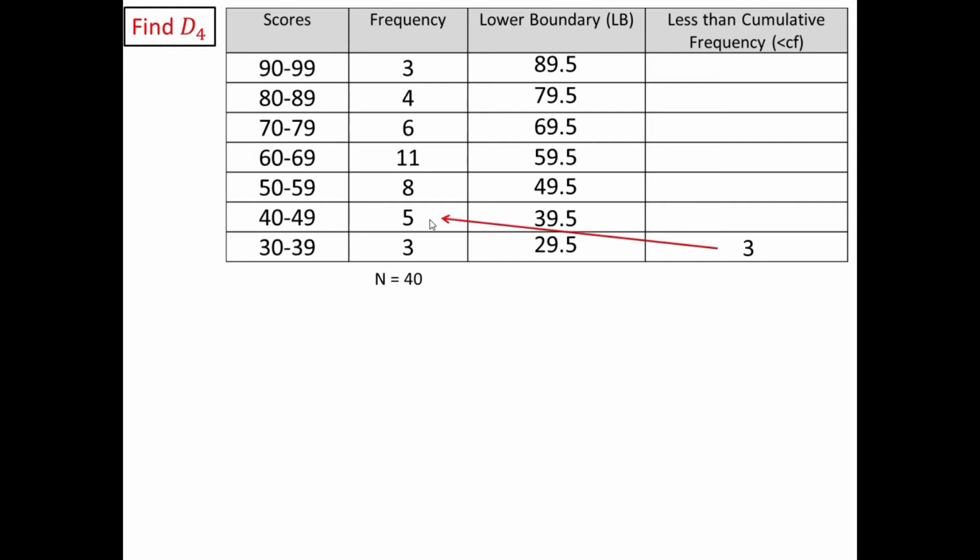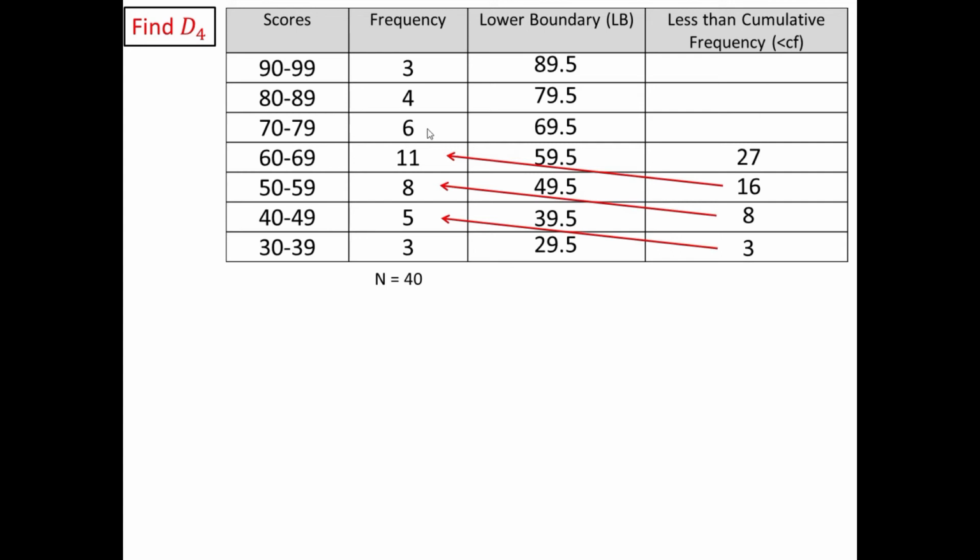So, 3 plus 5, that's equal to 8. Ayan. Next, 8, a-add mo yung susunod na frequency. So, 8 plus 8 is equal to 16. Ayan. 16 plus 11 is equal to 27.